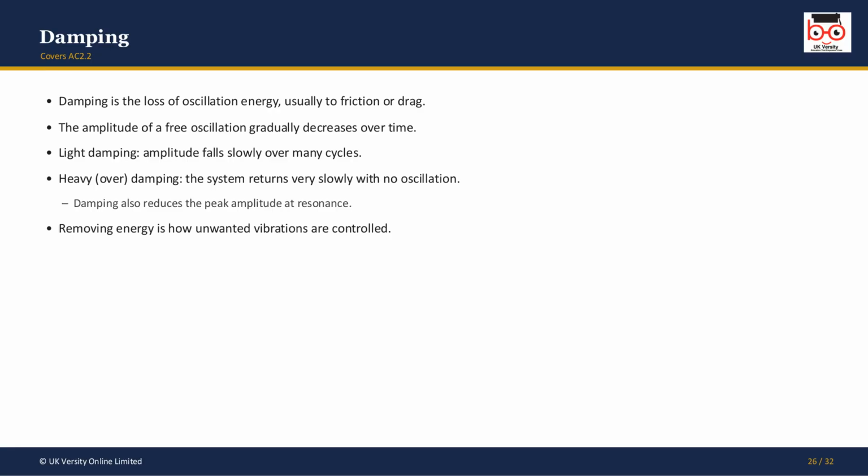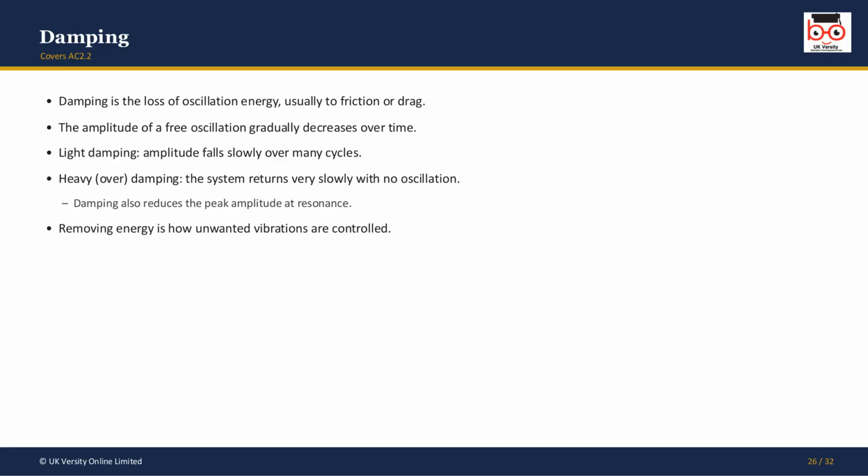With damping, the amplitude of a free oscillation gradually dies away over time. Light damping means the amplitude falls slowly over many cycles, whereas heavy or over damping means the system creeps back to rest very slowly without oscillating at all.